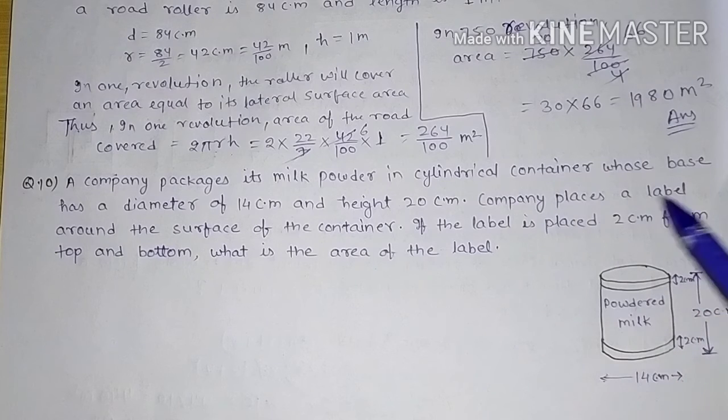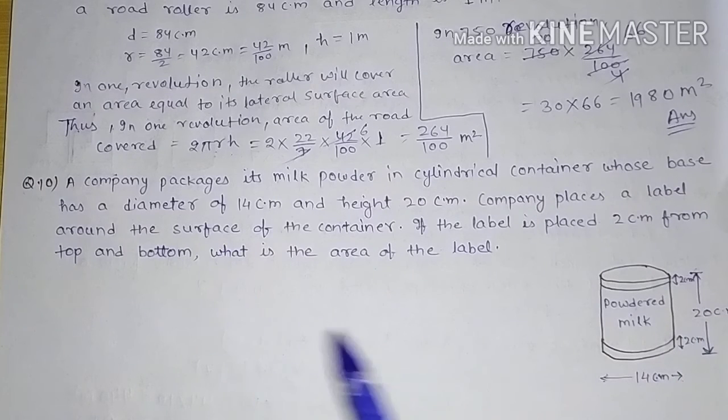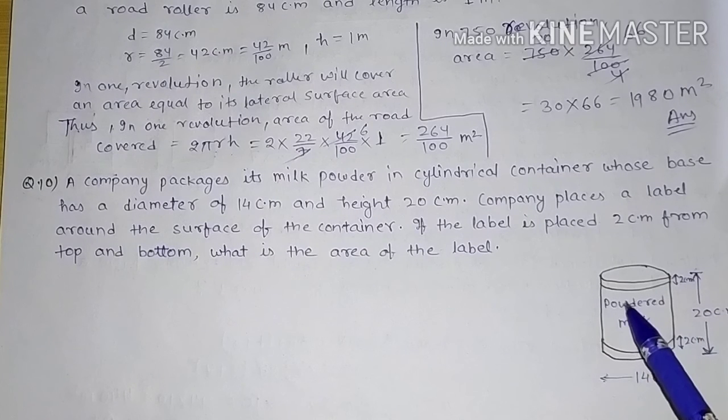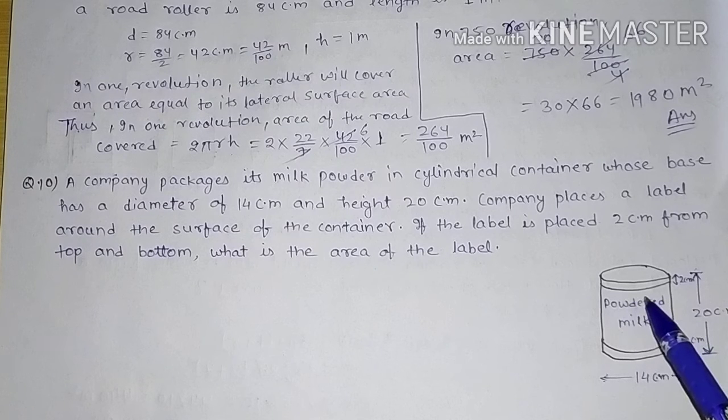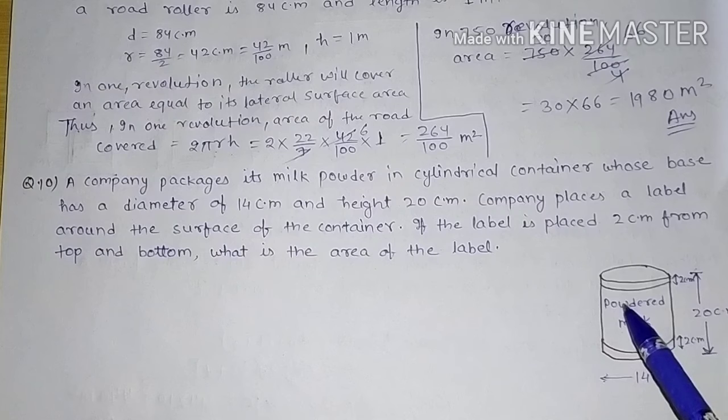The company places a label around the surface. As written here, powdered milk. This is a label which is pasted on the curved surface area of the cylindrical container.